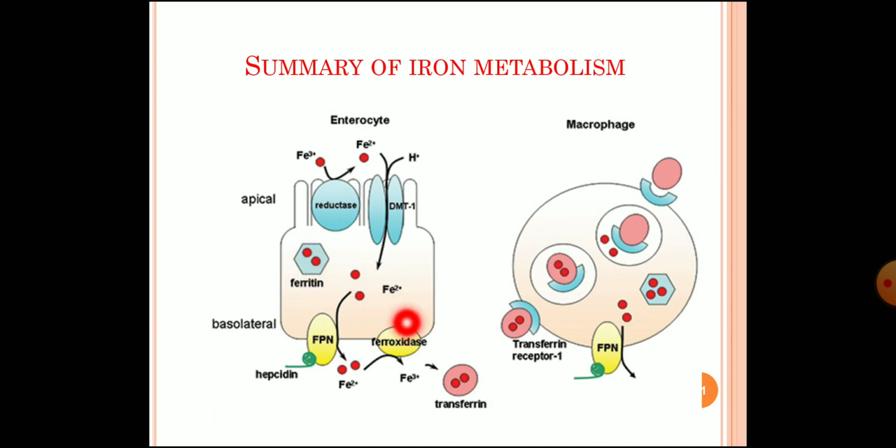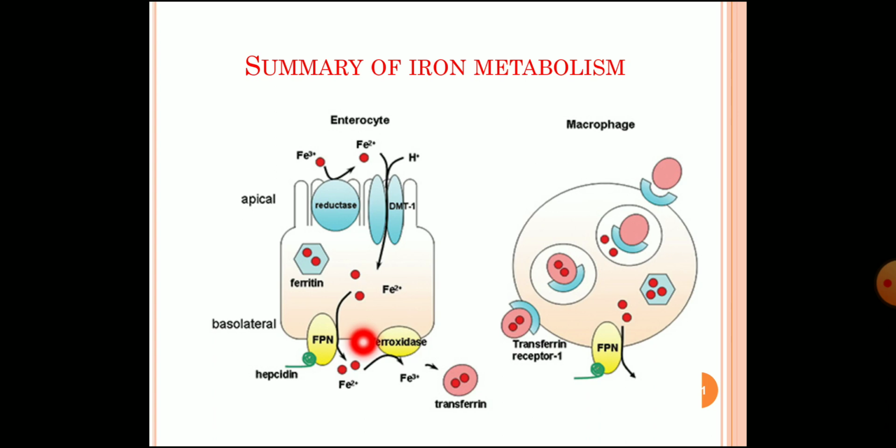Now, when free transferrin is present without any iron molecule, the ferroportin which is present on the basal surface will transport the iron, which is present as ferrous, into the bloodstream, and in the bloodstream it is again oxidized.